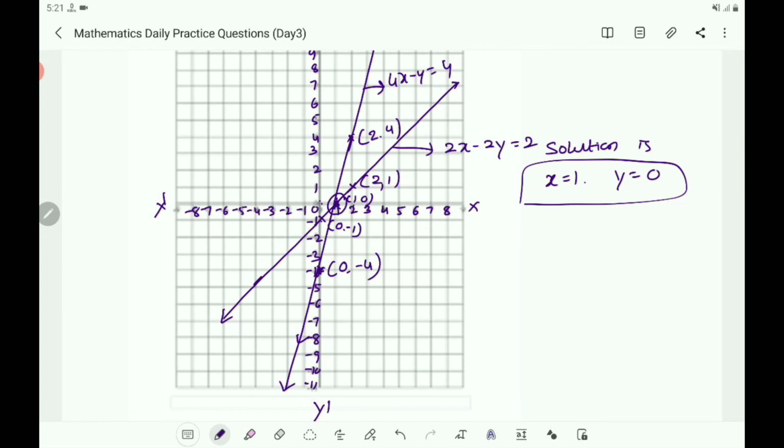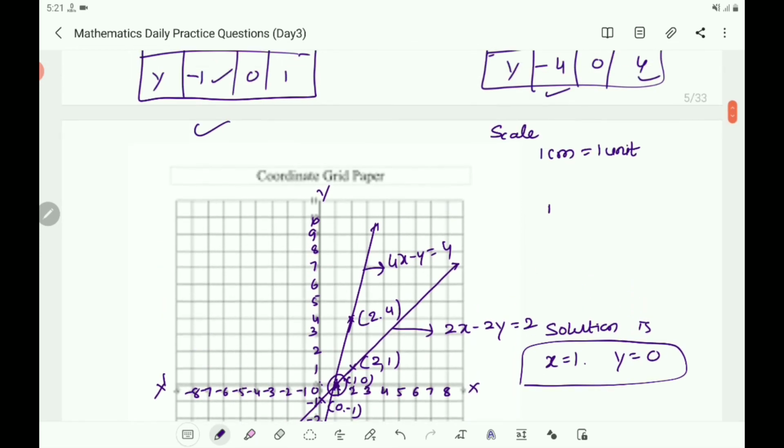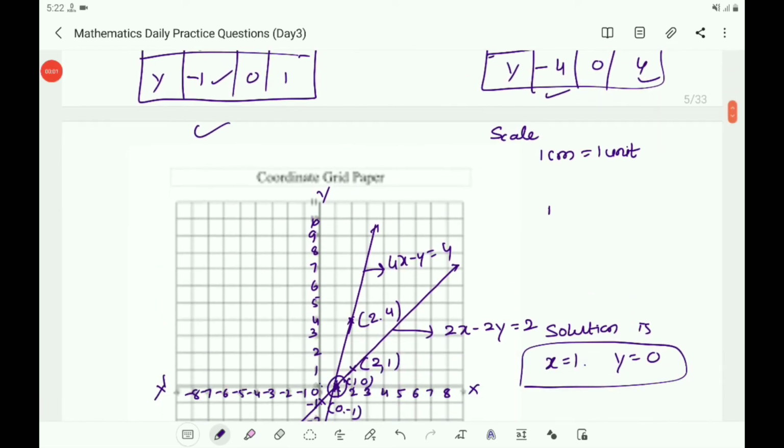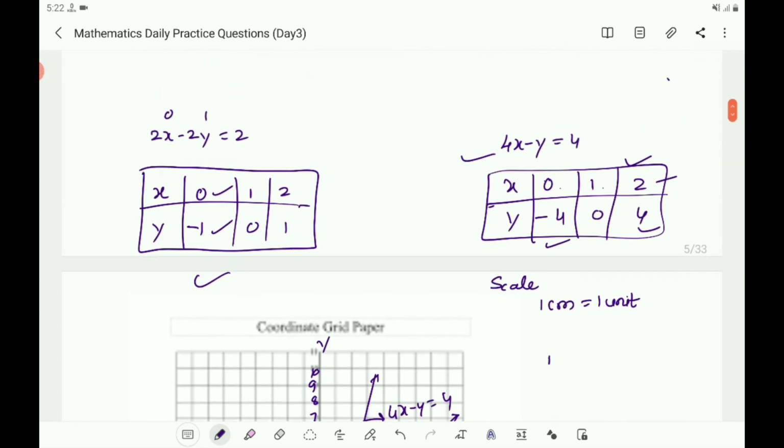The point lies on the x axis at 1. So here x value is 1, y value is 0. So you got the solution x equals 1, y equals 0. You can verify. Take x equals 1, y equals 0. 2 into 1 minus 2 into 0 gives 2 minus 0 equals 2.